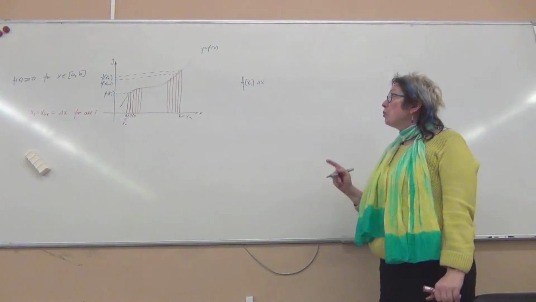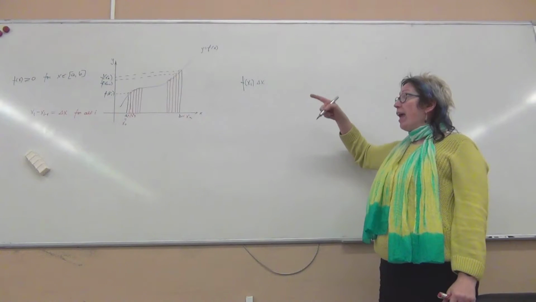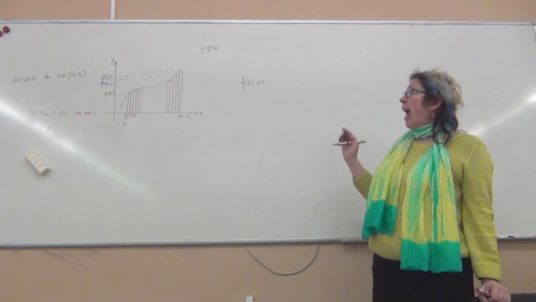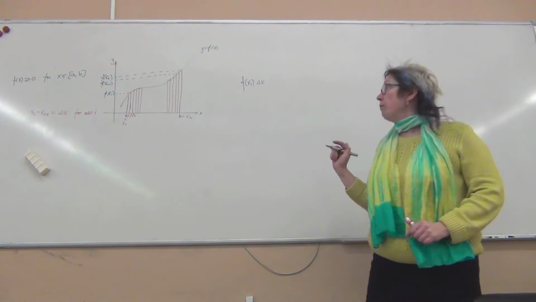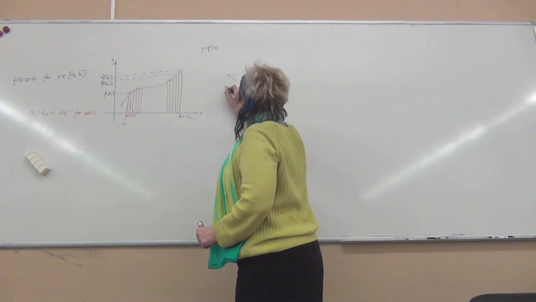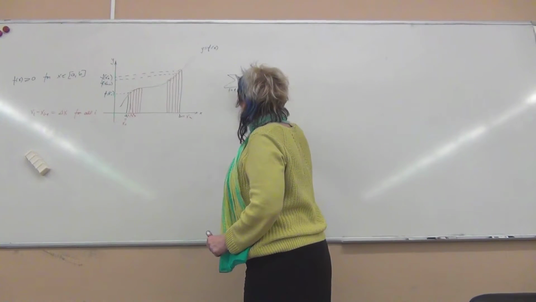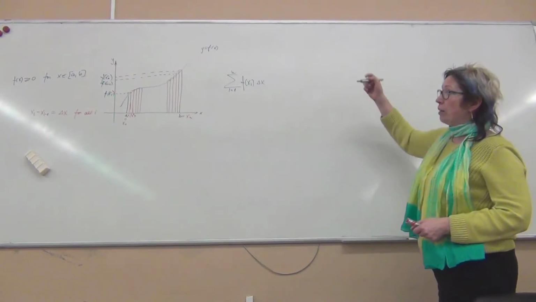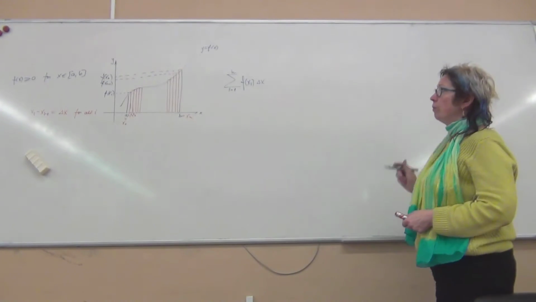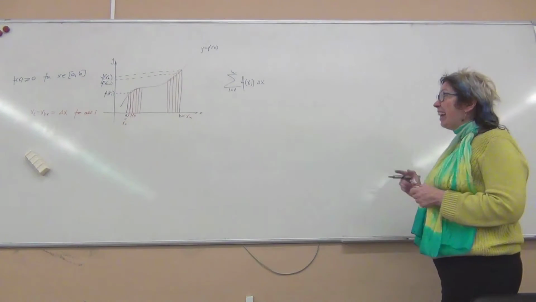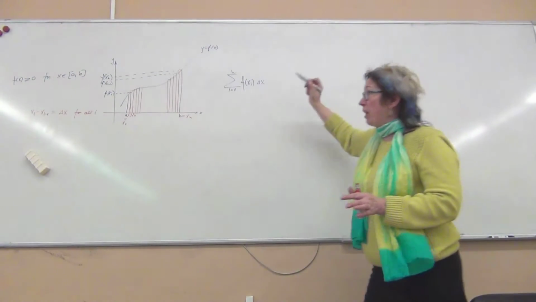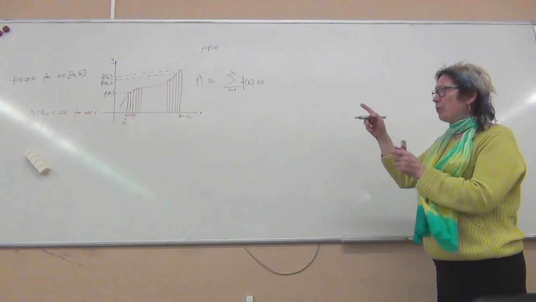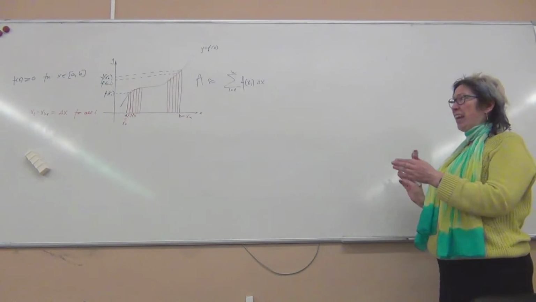So this would be the area of the ith rectangle, and if I add them all together, sum i from 1 to n, we have n rectangles, and I'm looking at the right endpoint of each interval on the x-axis, then this sum, we might think, is approximately the area below the curve between a and b.